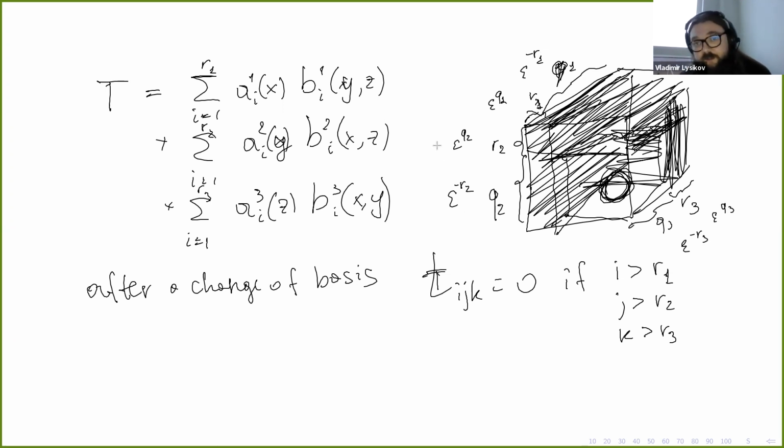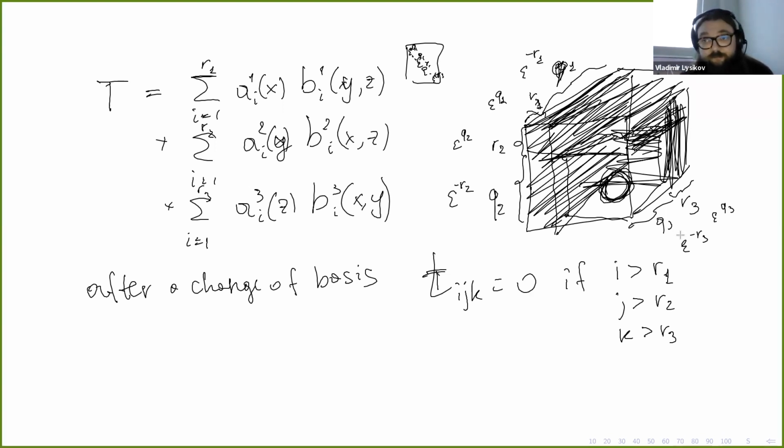So these powers are chosen in the way that the diagonal matrix, which has this form, epsilon to the Q1, epsilon to the minus R1, epsilon to the minus R3, has determinant 1.